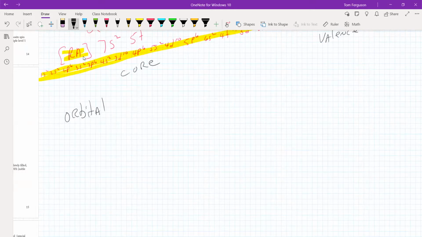Now that's the third level of organization for defining the electrons in an element. First, we had the shell, and we have the subshell. Now we're at the orbital. And then there's also something even lower than that, which is called the spin.